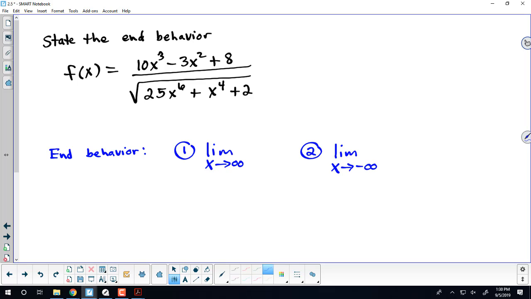We did make mention of a shortcut way with a certain type of function where the limit at infinity and negative infinity would be the same. So what type of function would that be?